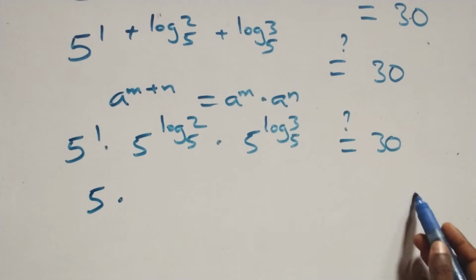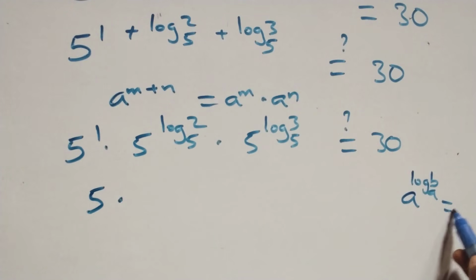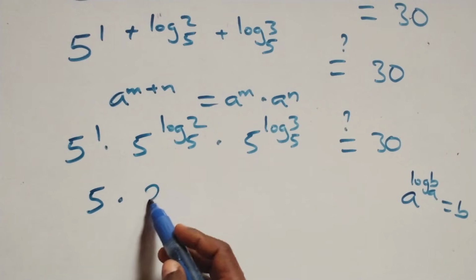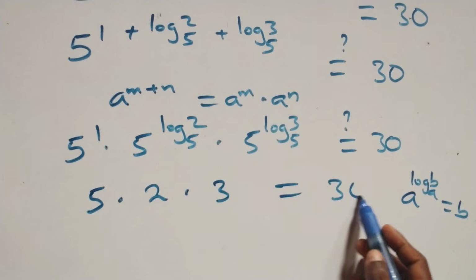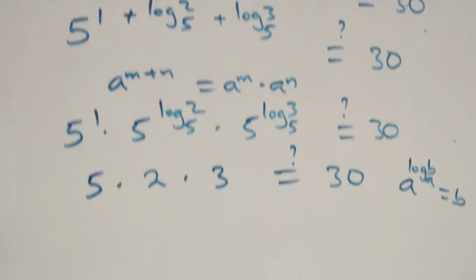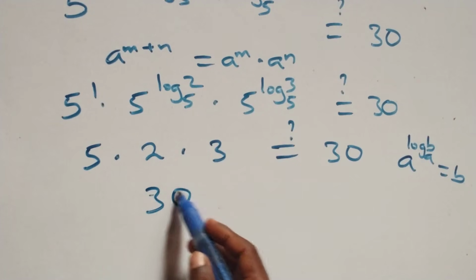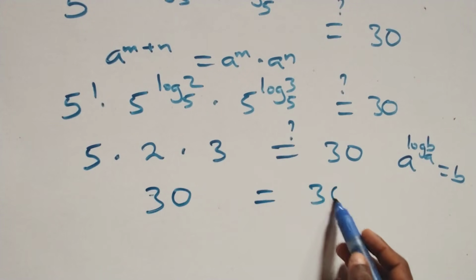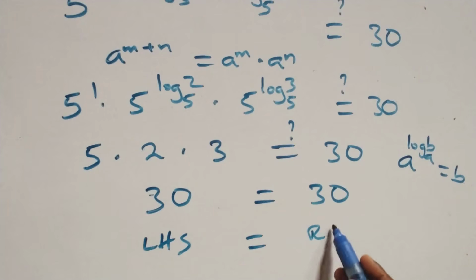This follows when we have a raised to power log b to base a, which equals b. So here we have 2 times 3, times 5, equals 30 on this side. And 2 times 3 is 6, 6 times 5, that's 30. Equals 30 from here. Left hand side equals the right hand side.